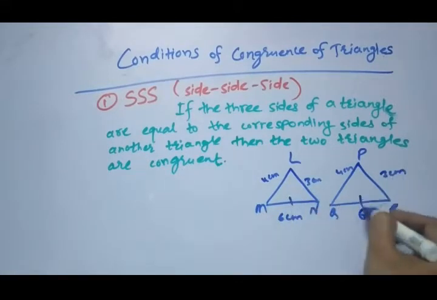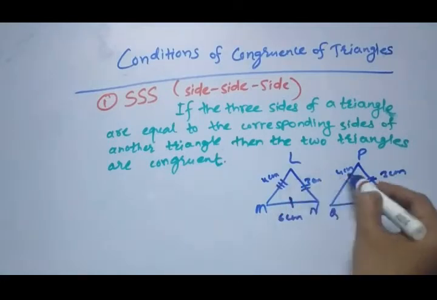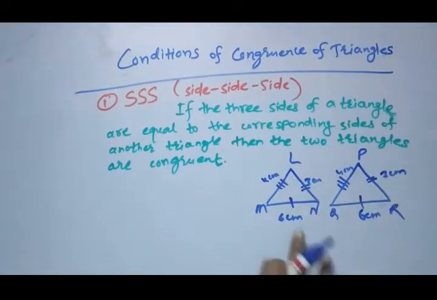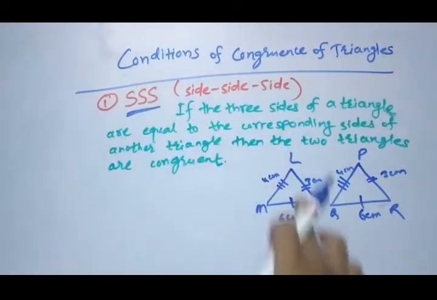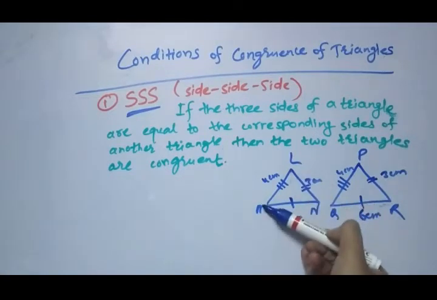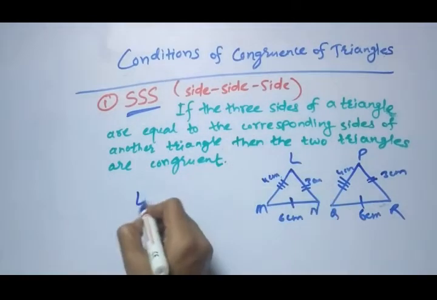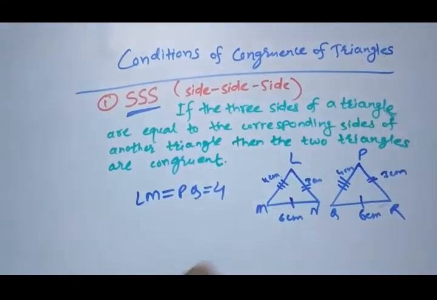This 6 corresponds to this 6 and this 3 corresponds to this 3. Students, just look at this. These two triangles are there, and the three sides are given with their lengths. Side LM is equal to side PQ because both are 4 centimeter.